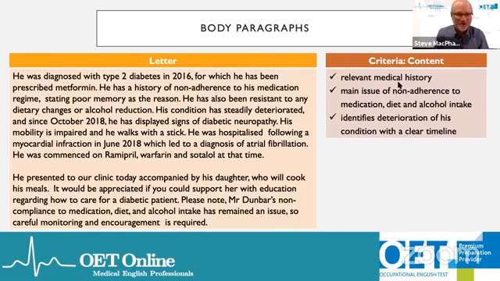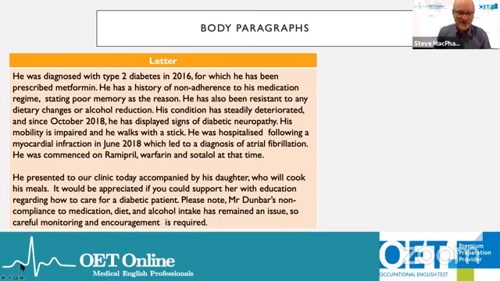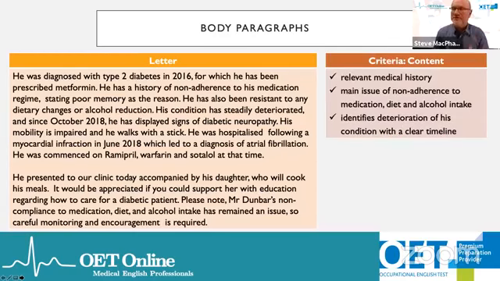We've also mentioned, very importantly, the non-adherence to medication, as well as his resistance to dietary changes and alcohol reduction. So it's very clear. We know what's happening. We know the challenges that he's facing. We've also importantly identified a deterioration in his condition with that clear timeline written. So in terms of content, all that necessary information is there.